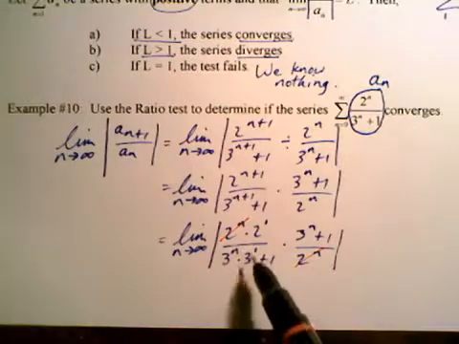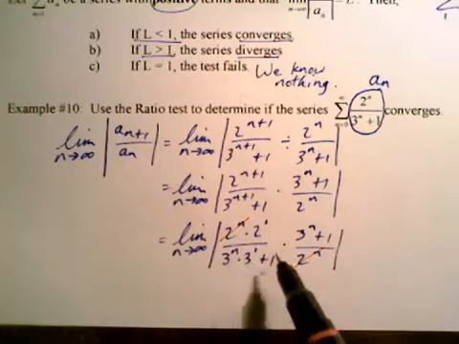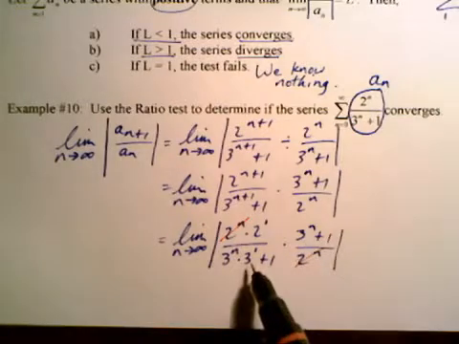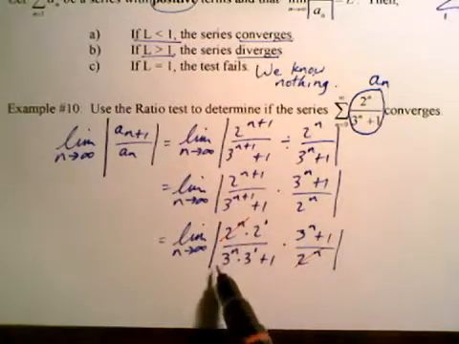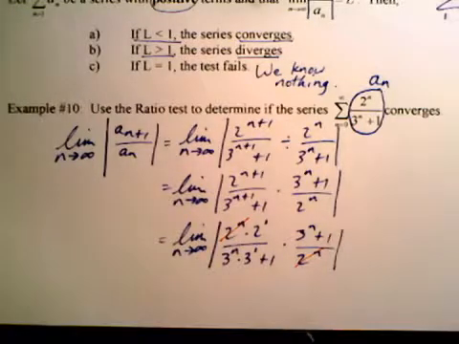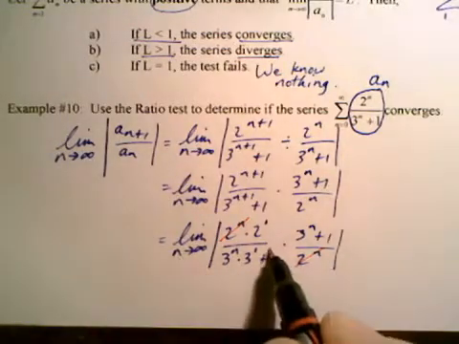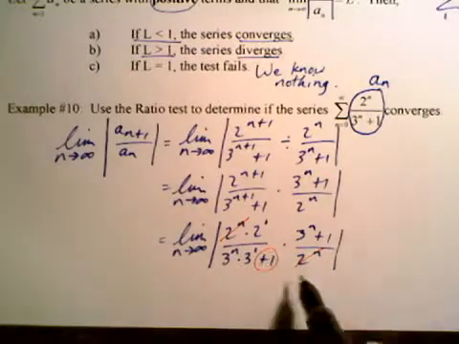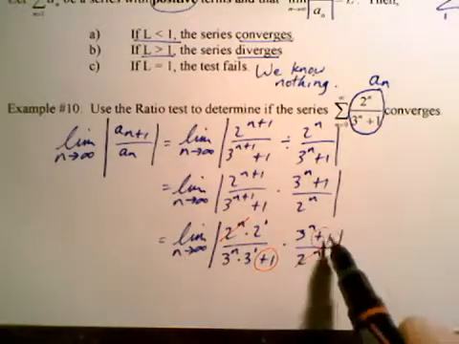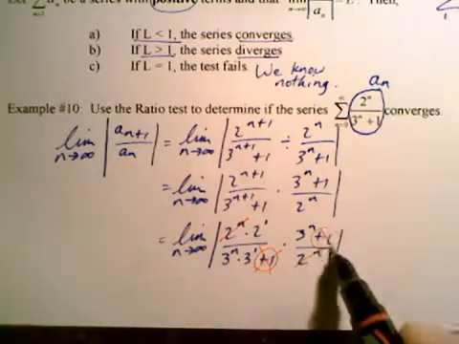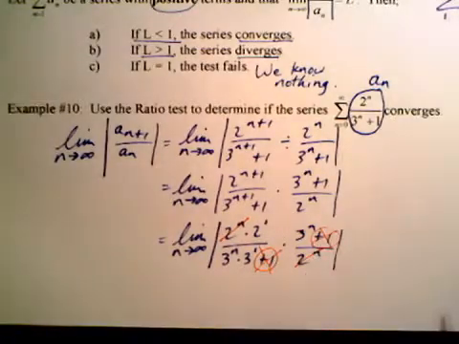And when n goes to infinity, what we have here is 3 to the n plus 1. You have 3 times 3 to the n. As n goes to infinity, we can think about this because we have a limit here. We can think about this plus 1 here. This is kind of bothering us. These plus 1s are going to be insignificant as the n values get really, really big.